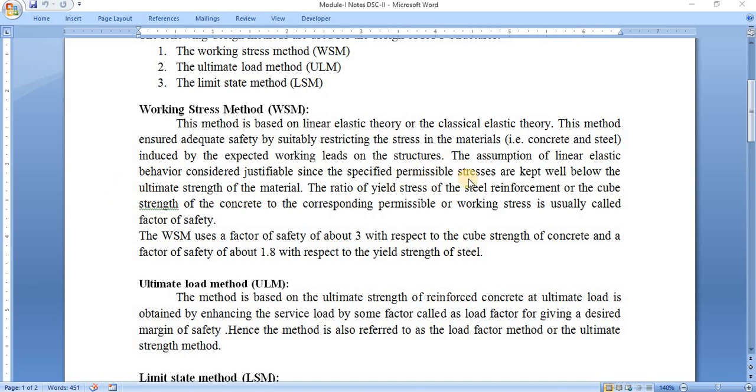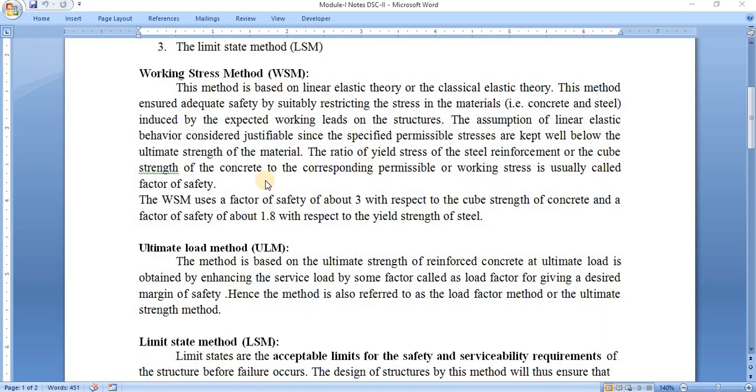So the load applied on those materials will be kept well below that X, which is nothing but the maximum strength of a material. When we apply a load, stresses are going to develop. I am talking in terms of load here, while in these notes I have talked about stress. So both ways you can talk. Either you can consider the load or you can consider the stress.